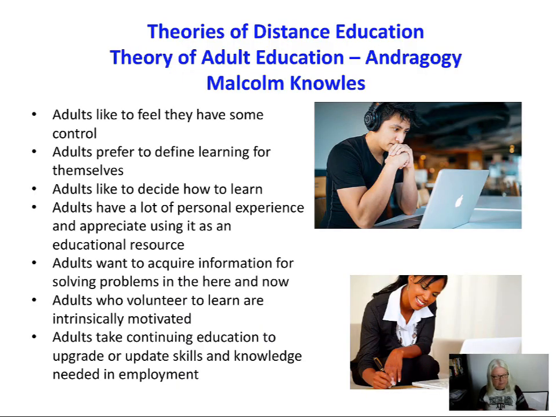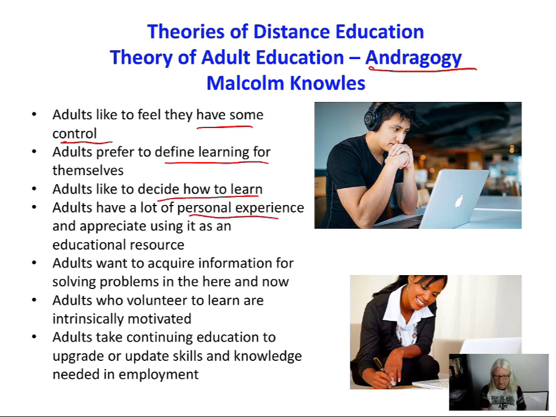And this is explained by some theories of adult education. We talked about this in Chapter 3. We talked about andragogy and Malcolm Knowles. And this really applies to e-learning because, because of the characteristics of adults, e-learning makes a lot of sense. Adults like to feel they have control, which they would. They want to define learning. They want to decide how to learn.